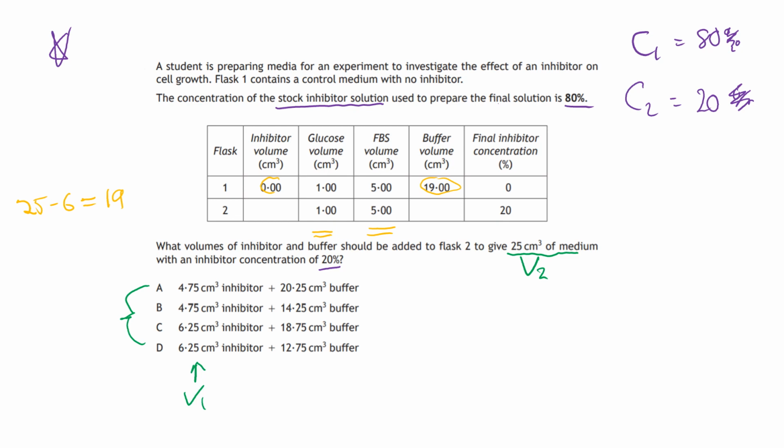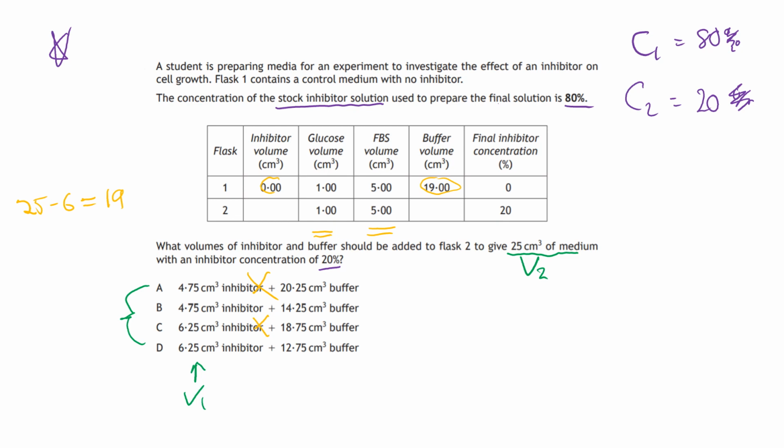4.75 plus 20.25 adds up to 25, which is too high because we've already got 6 centimetres cubed accounted for. Also, 6.25 plus 18.75 also adds up to 25, which is too much. So we can eliminate those.